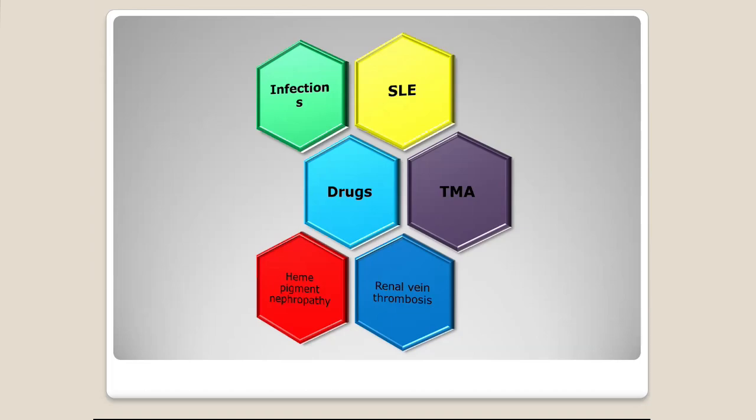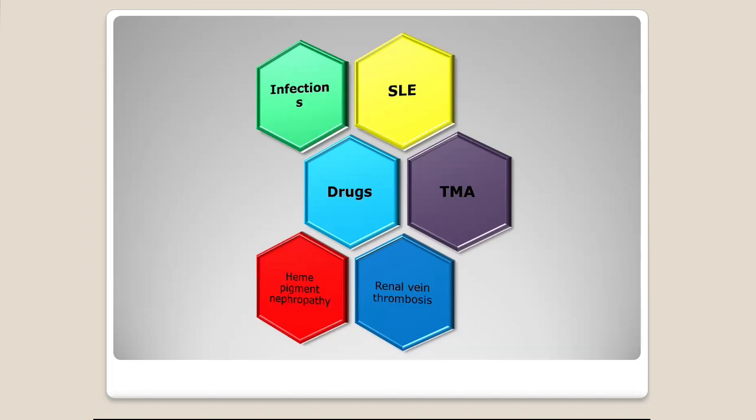So we had a set of differential diagnoses based on the patient's condition. First, the primary diagnosis was any infection causing thrombocytopenia with acute kidney injury, including tropical infections, or SLE, since the patient is a woman of childbearing age, or RPGN with hemolysis, or drugs causing acute interstitial nephritis with the drug causing thrombocytopenia, or TMA causing acute kidney injury along with thrombocytopenia and a hemolytic picture, or heme pigment nephropathy causing hemolysis, which in turn causes acute kidney injury with the drop in hemoglobin.